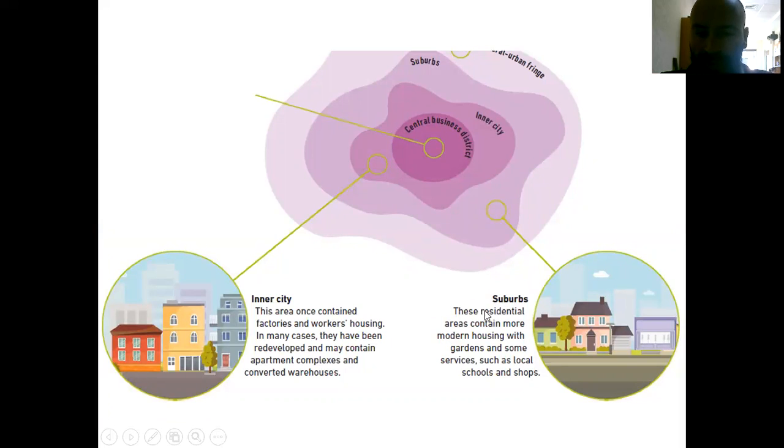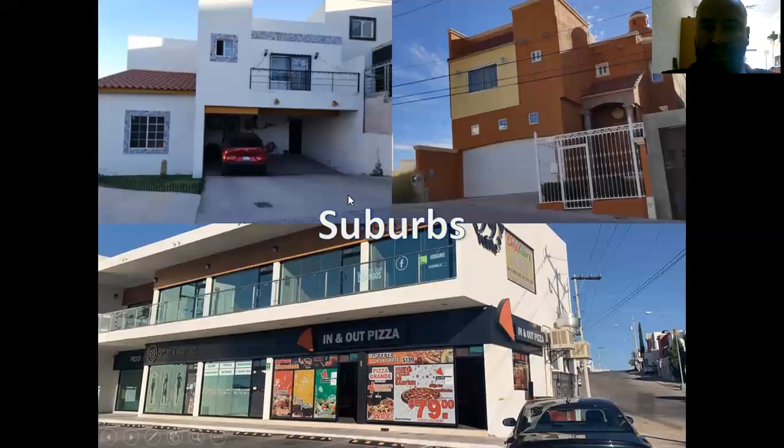As for the suburbs, the description says these residential areas contain more modern housing with gardens and some services, such as local schools and shops. We may consider the suburbs the last part of the city because it is where all the modern houses are built, the new fraccionamientos. This is how it looks.